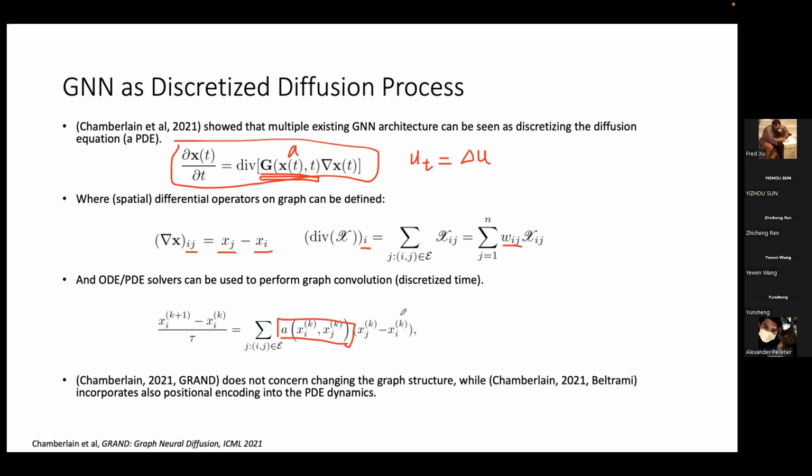So XT here, if we talk about the entire graph, should be a matrix of number of nodes times the number of features. Now, if we talk about one node, then this is indeed true.